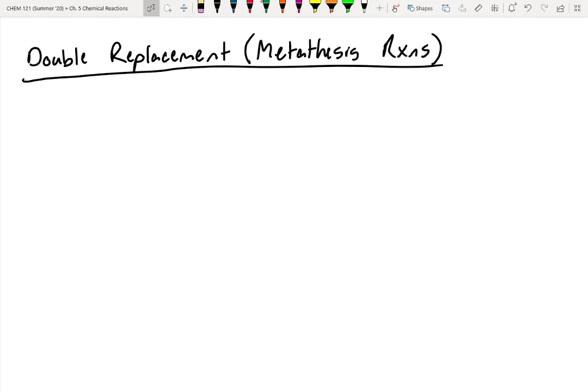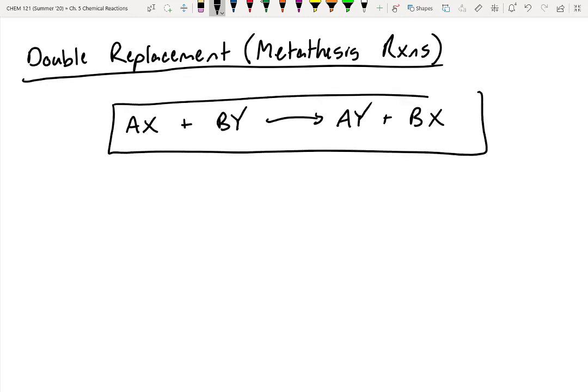I don't know how many of you have ever swing danced or seen anybody swing dance, but imagine you've got two couples dancing, and then you just switch partners mid-dance. That's exactly what a double replacement reaction is. Let's say we've got couple AX and couple BY. They're going to do this swing dance, and A is now going to end up with Y, and B is going to end up with X. I know it's kind of silly, but I like the swing dancing analogy. You can come up with a different one if you want.